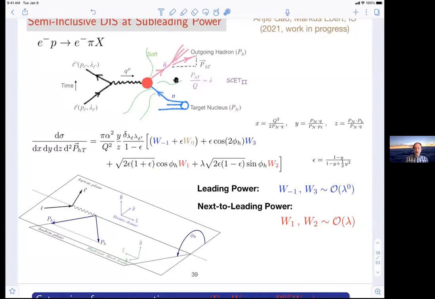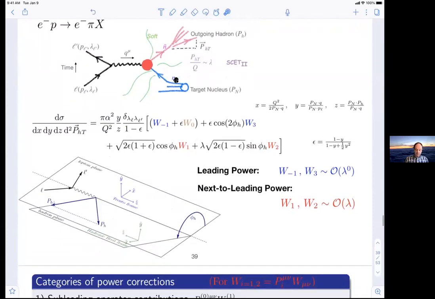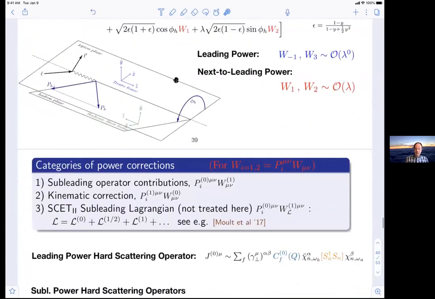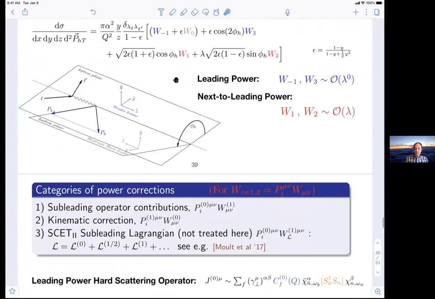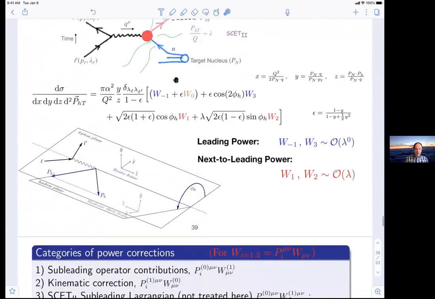So it's interesting for that reason to think about the factorization of these subleading power W's that are showing up. And then with one of my students, Andrew Gao, as well as the former postdoc Marcus Ebert, we've been working on that problem.